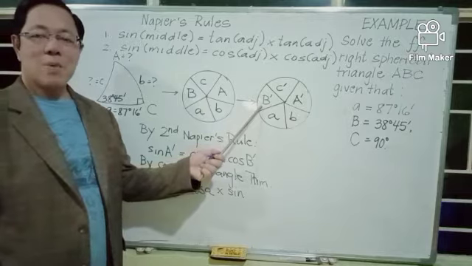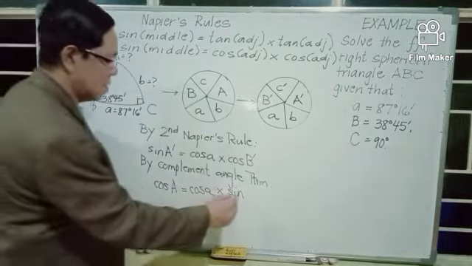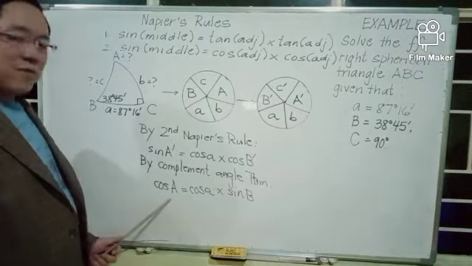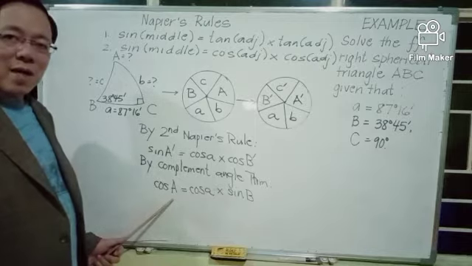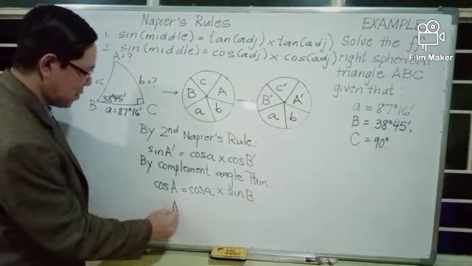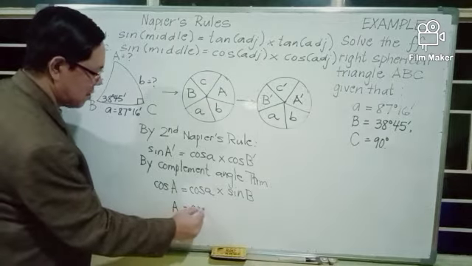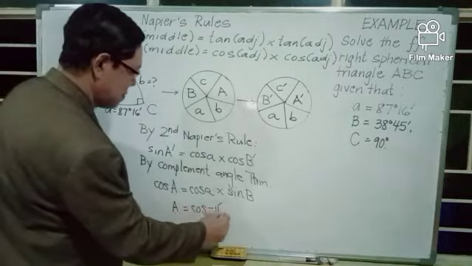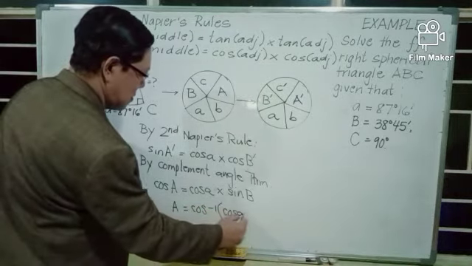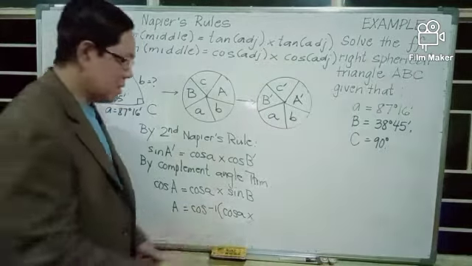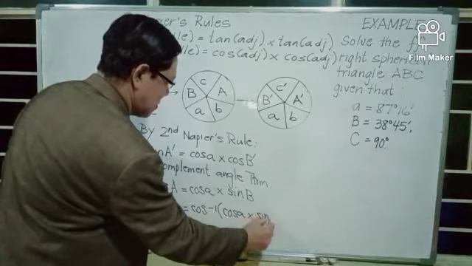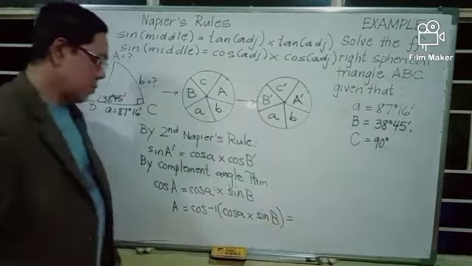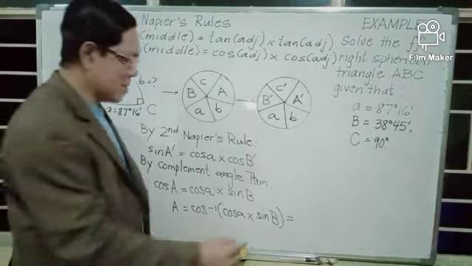As I said earlier, the complement of B prime is B. And from this equation, we can now solve for A. A now is equal to inverse cosine, or shift cosine, of cosine a multiplied by sine B.